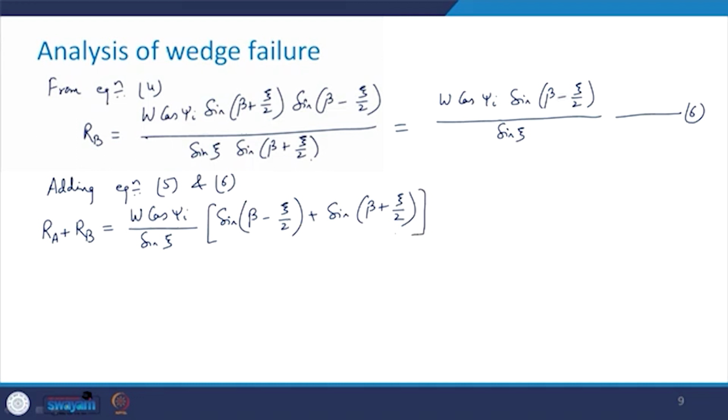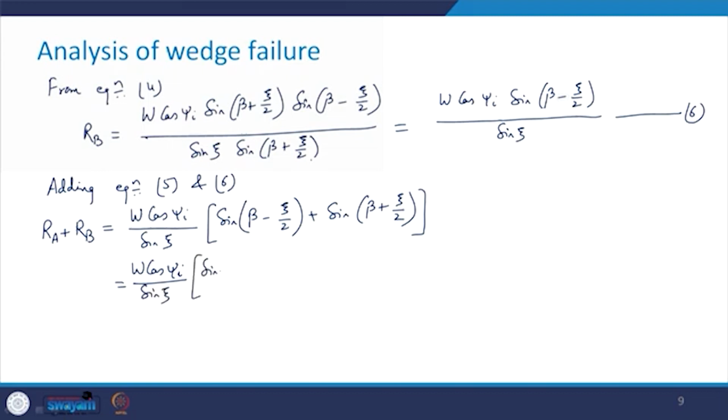Now, just again split it, sin A minus B. So, sin A minus B is sin A cos B minus cos A sin B, and similarly sin A plus B, you know that it is sin A cos B plus cos A sin B. So, if I just split it, this is what I am going to get: cos psi I by sine of zeta.